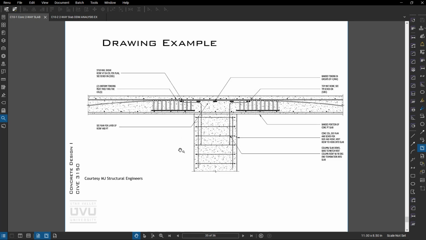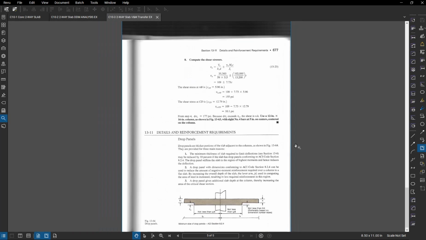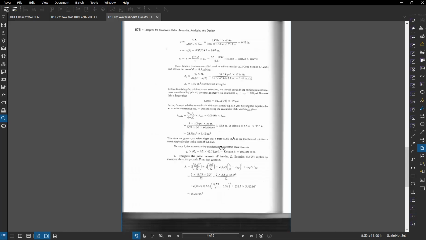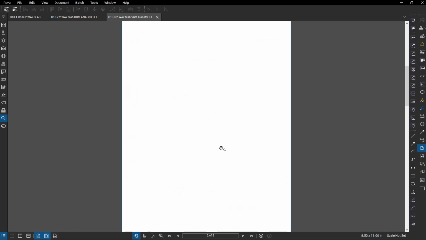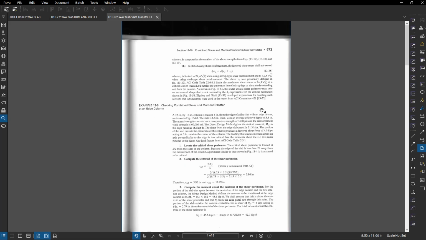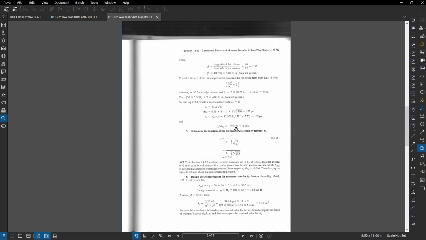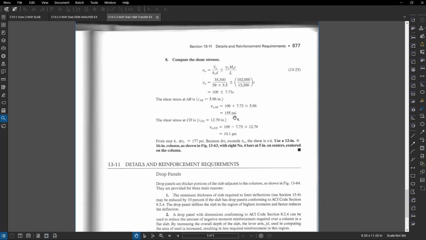As far as resources, I've given you this example for the shear transfer. Something looks out of order there. I'll have to fix this if there's a problem. Oh, here we go. This example walks through all the shear stress type of things at the face, or the interface we were just looking at.